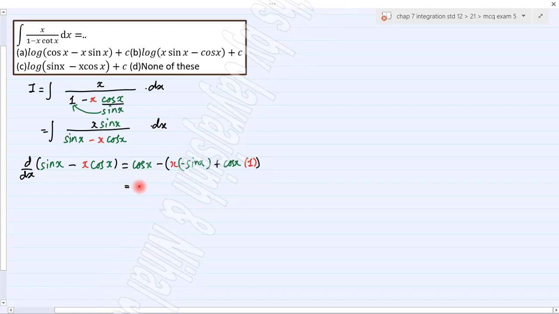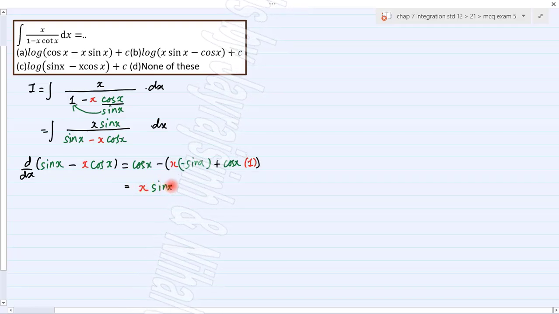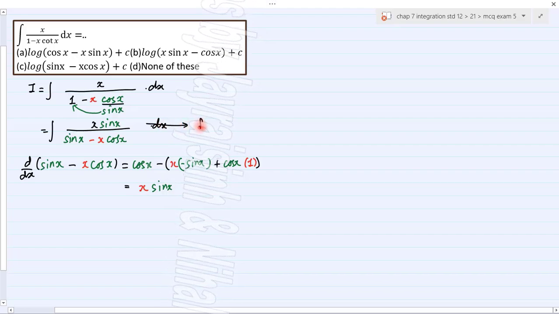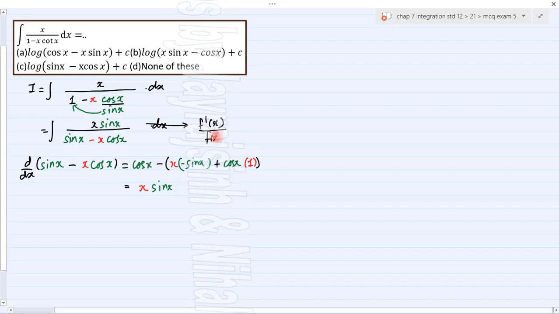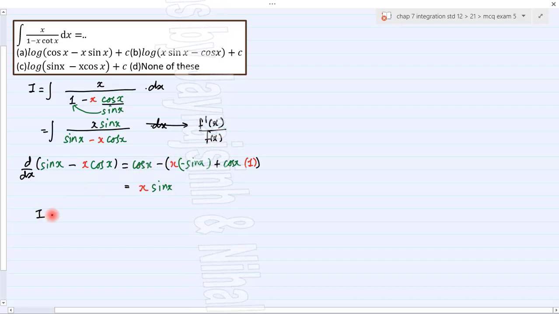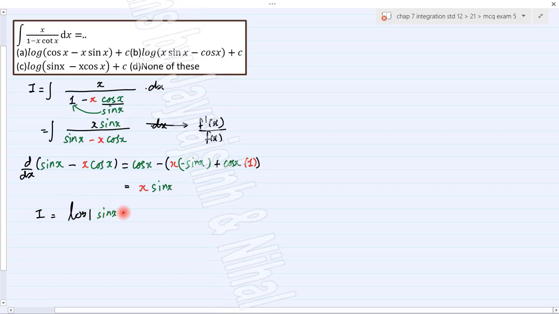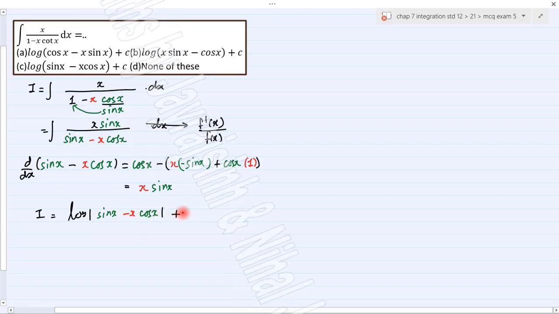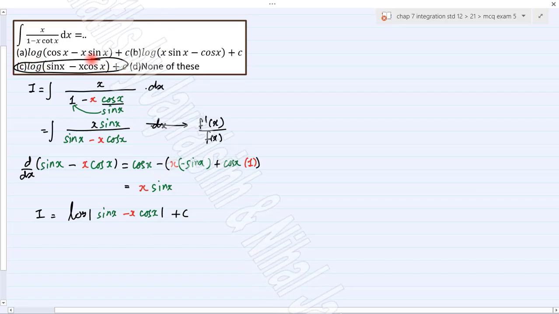So your cos x will cancel out and we will get x sin x, which is given in numerator. So in numerator we have f dash x and in denominator we have f(x). So its integration will be log mod denominator, which is sin x minus x cos x plus c, which is given in option C. Ta-da!